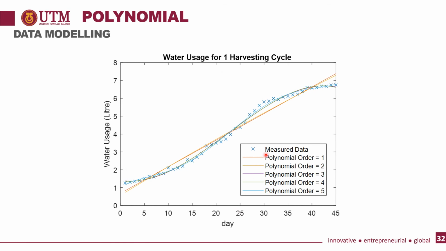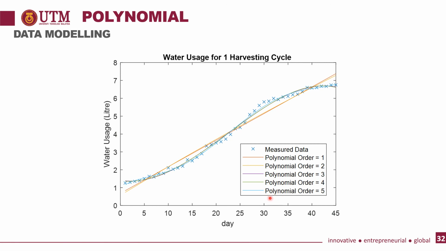The x mark represents the measured data. The orange is order 1, the yellow is order 2, the purple is order 3, the green is order 4, and the light blue is order 5.